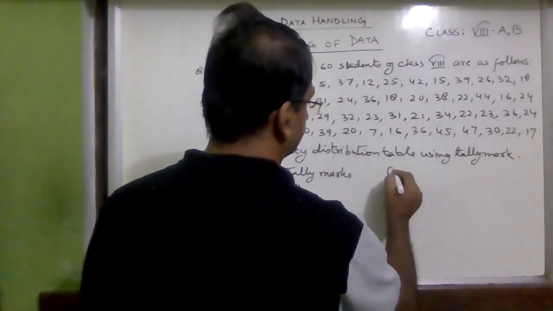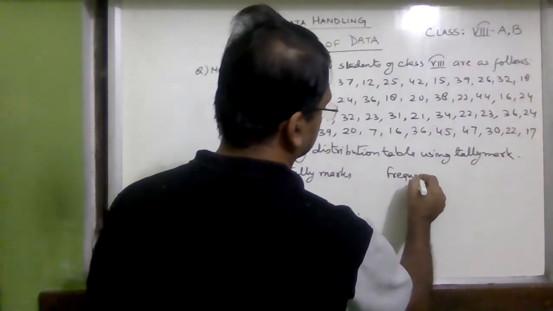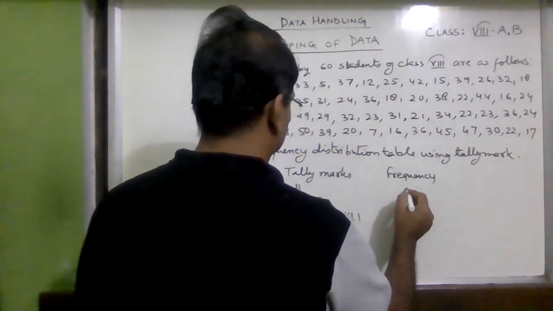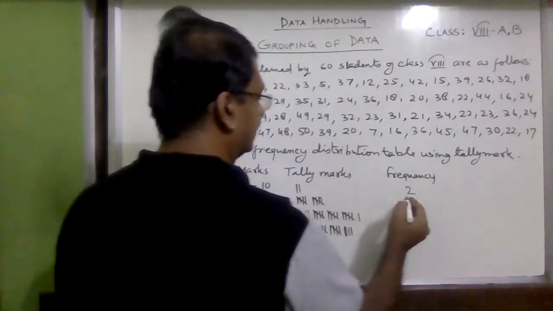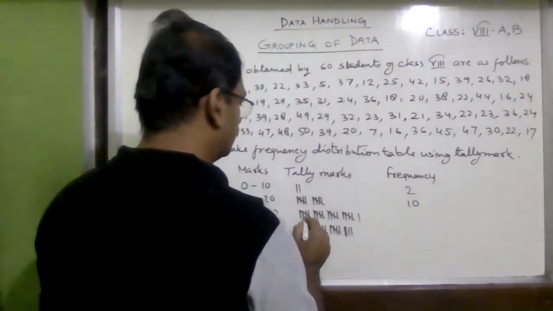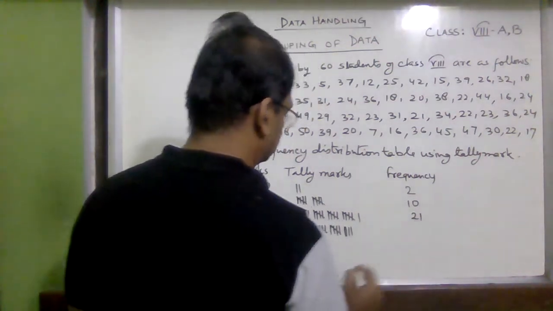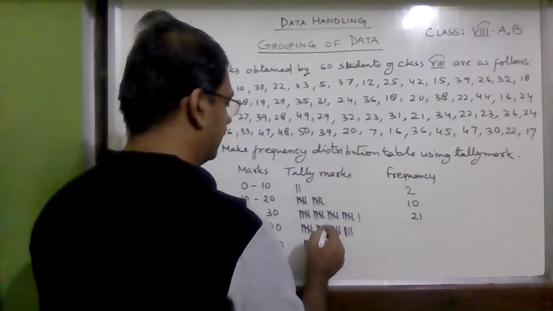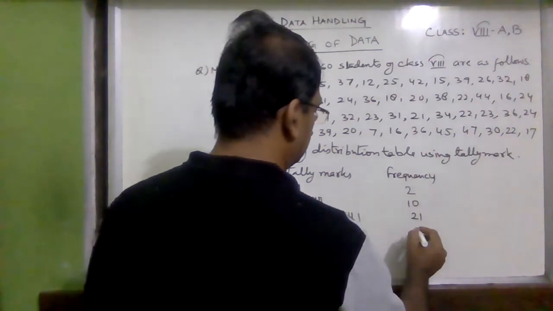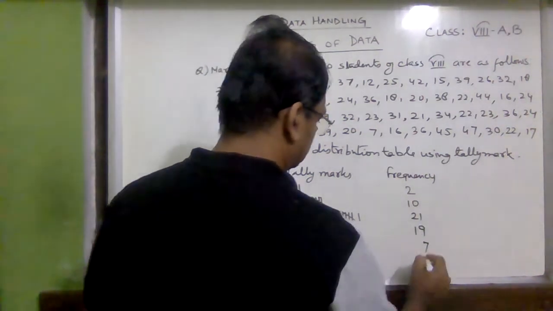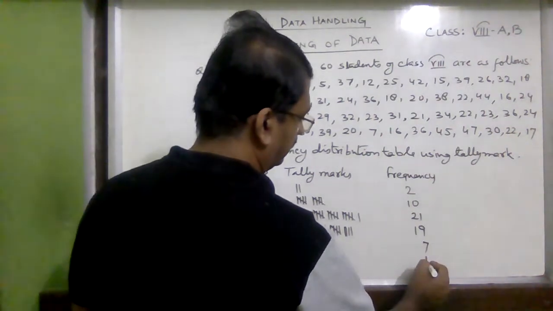And now the frequency: 2, 5 plus 5, that is 10, 5, 10, 15, 20 and 12, 5, 10, 15 and 4, 19, 5 and 2, 7 and 1.